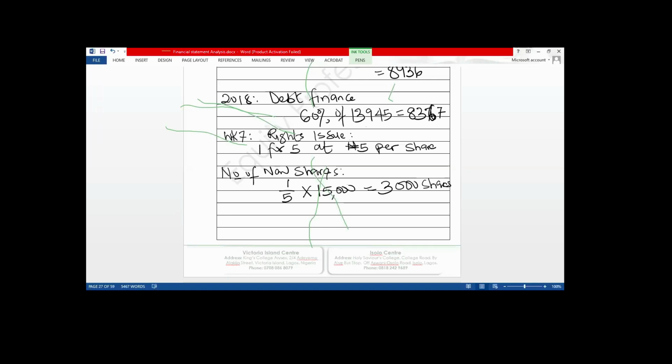You come here and do it like this. Nominal value of new shares is equal to 3,000 multiplied by 1 naira. That gives me 3,000 naira.